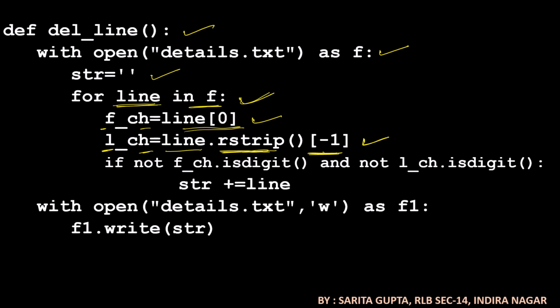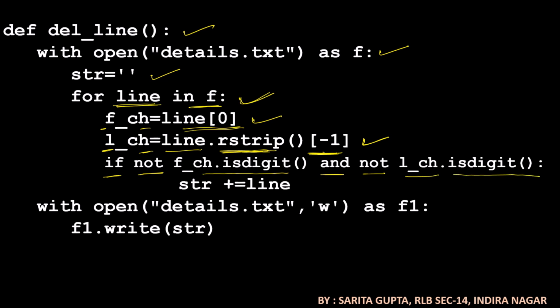So now checking whether the first character and the last character are not a digit, as if not f_ch.isdigit() and not l_ch.isdigit().